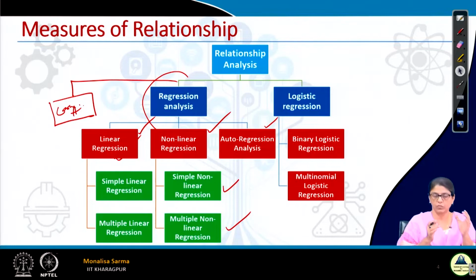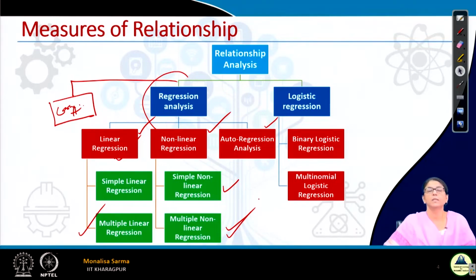That is one factor, one variable. And again, the price of the house may vary based on the age of the house as well. So, there are two factors. When more than one factor is involved, if it is a linear regression, we call it multiple linear regression. If it is non-linear, we call it multiple non-linear regression.